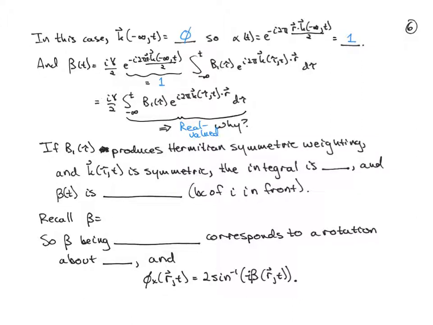Well, it's because of the Hermitian symmetry of the RF waveform in the trajectory that we cover with the gradients, since a Hermitian symmetric Fourier transform corresponds to a real valued pattern. So if beta of t produces a Hermitian symmetric weighting, and k of tau comma t is symmetric, then the integral is real, and beta is purely imaginary because of the square root of minus 1 out front.